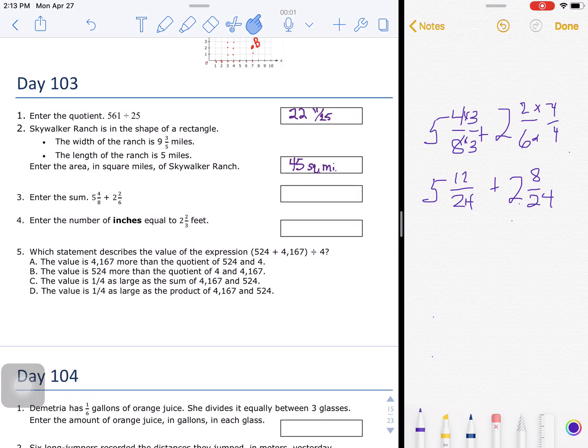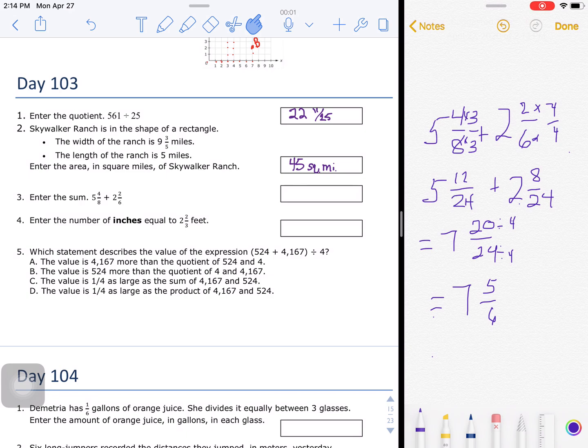So remember, I add my whole numbers. 5 plus 2 is 7. And then I'm going to add 12 plus 8, which is 20, over 24. Now I can simplify 20 24ths by dividing by 4, because 4 is the greatest common factor of both of those. And I have 7 and 5/6.